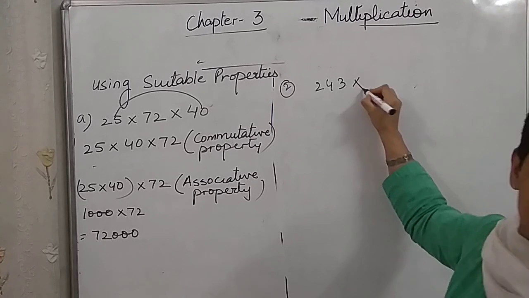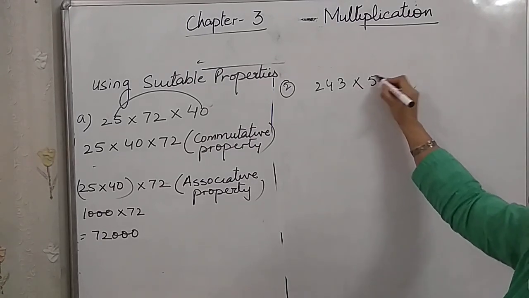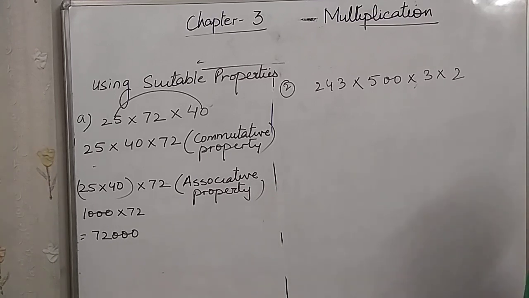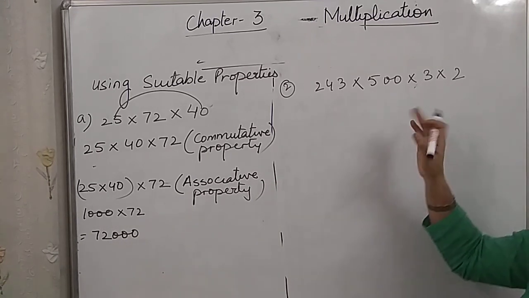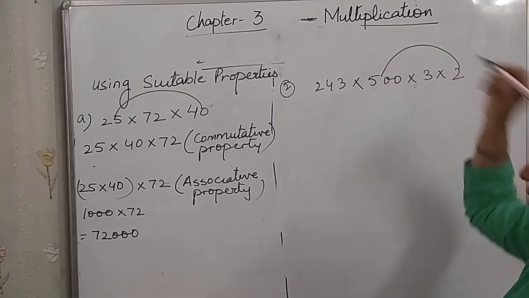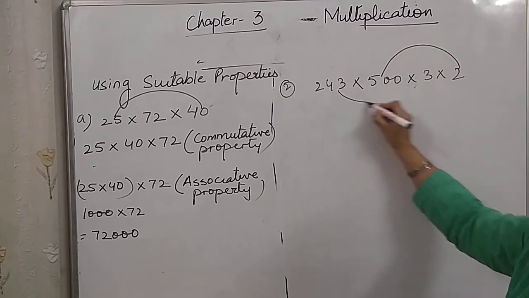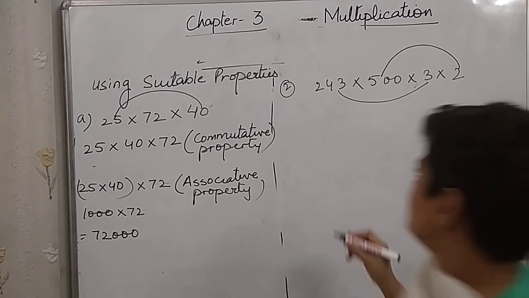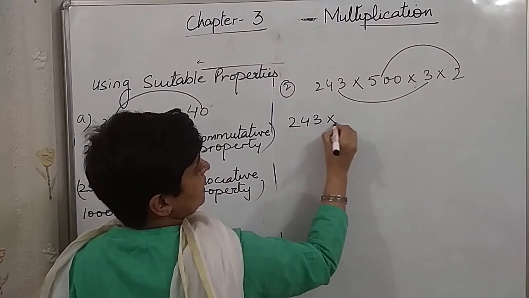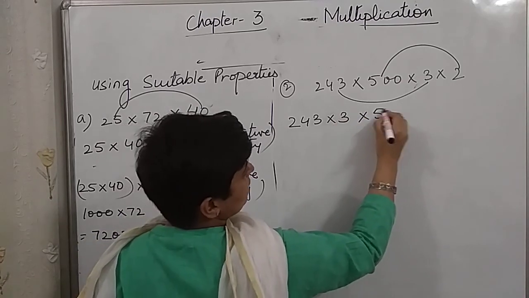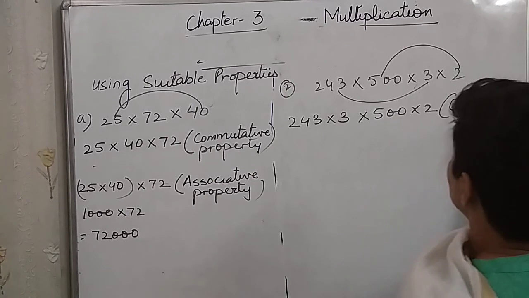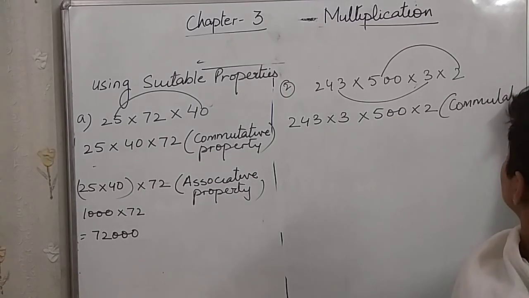243 multiply by 500 multiply by 3 into 2. So again, 5 2s are 10. These two can be put together and these two can be put together. So 243 multiply by 3 multiply by 500 multiply by 2. Again, which property are we using? Commutative property.